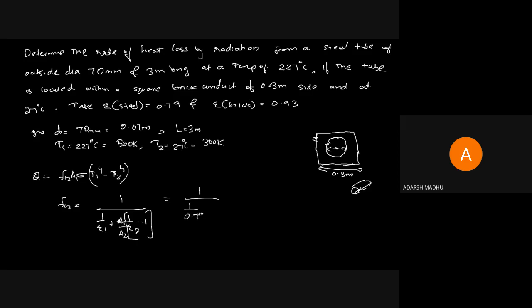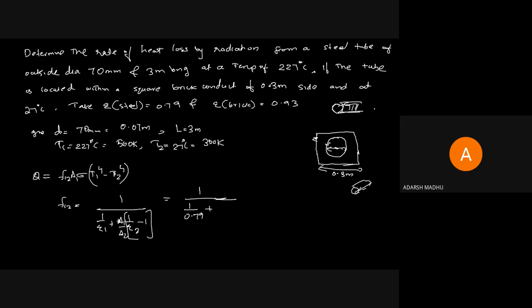0.79 plus A1 by A2. What is A1 by A2? Here area 1 is the surface of the cylinder. It is not the circle, that is not a cross section area but the surface area of the cylinder.